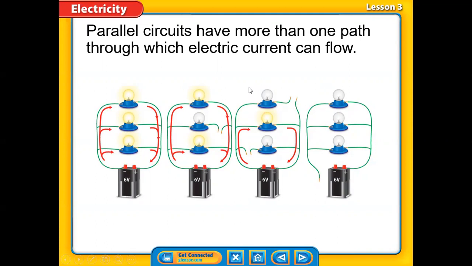Mister, I have a question. Yes, Fadia. Now, in the third one, the path is not complete. No, the path is complete. Let's see this one. There is a gap.